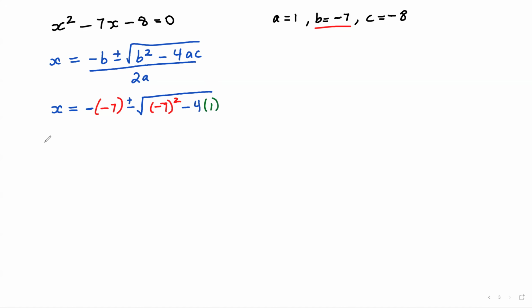So negative 8 will go in brackets as well. I want you all to be mindful of that. It's very important. And all of that is divided by 2 times A, and A is 1.